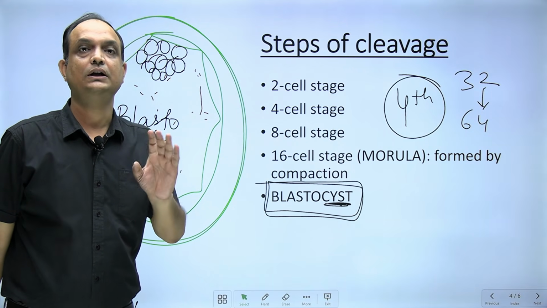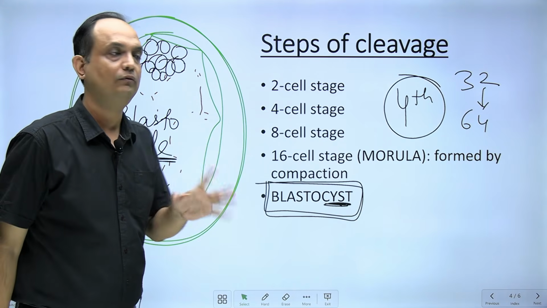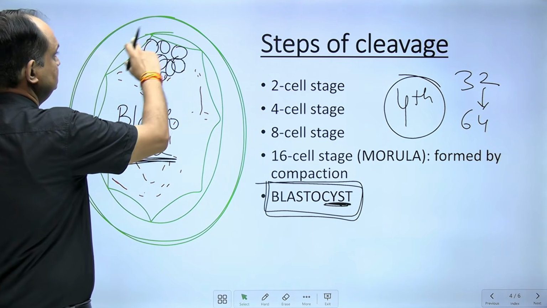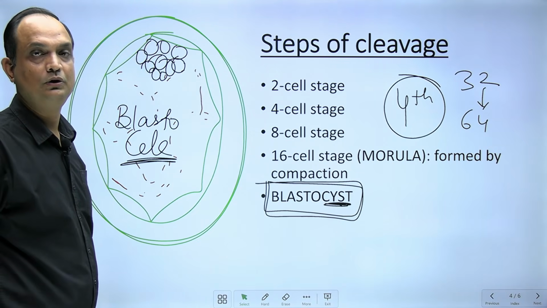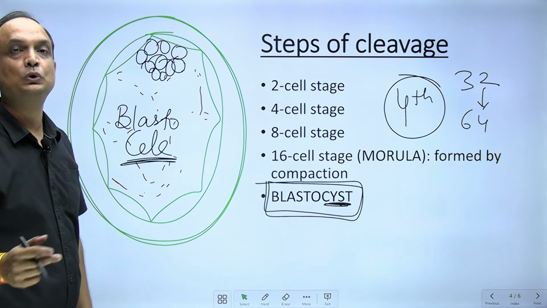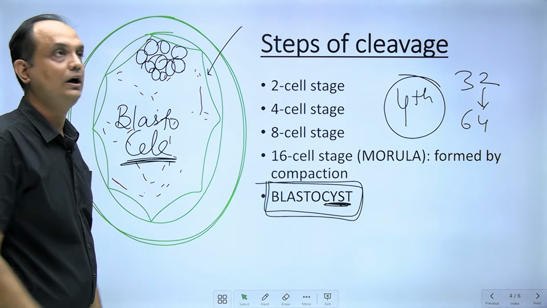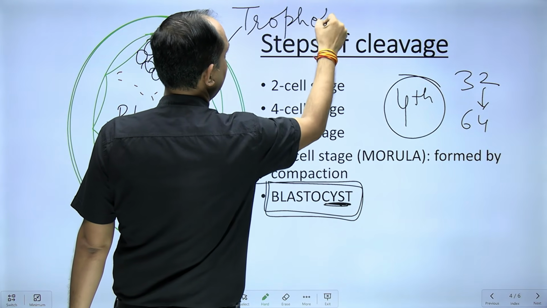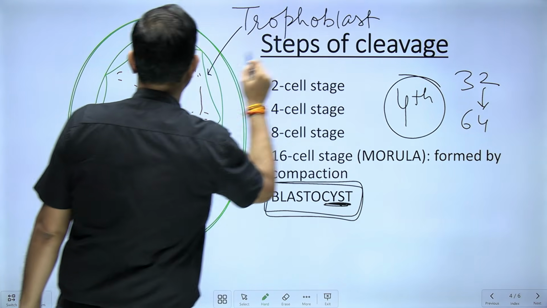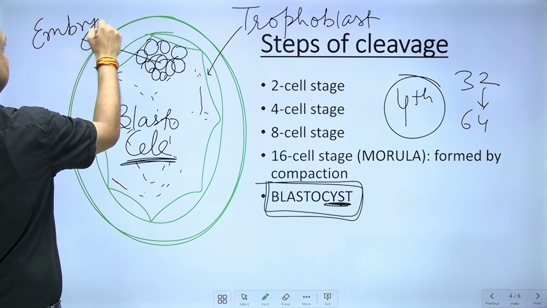But now some important terminologies come into the picture. What terminologies? One is this outer cell mass or outer cell layer, which is known as trophoblast. It is no more known as the outer wall, it is now known as trophoblast. The inner cell mass is now known as embryoblast.